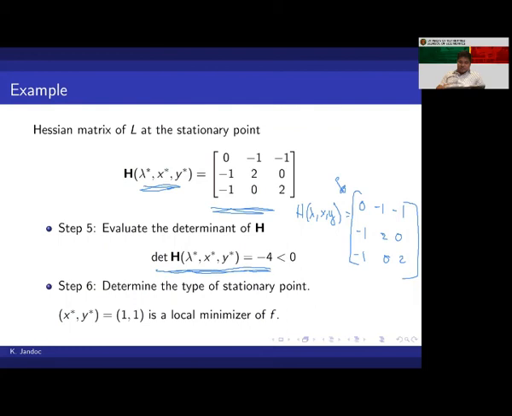So that determinant is less than 0. It's negative. In the next step, step 6, we'll use that fact to determine the type of stationary points. So that stationary point x star equals 1 and y star equals 1 is a local minimizer of f because the determinant of the Hessian matrix is negative. That's what the theorem says.